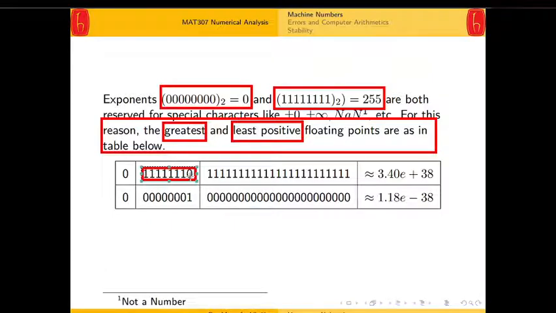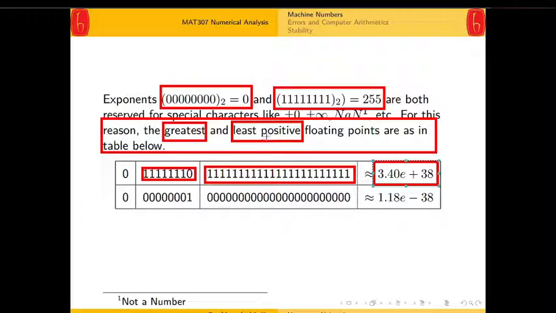So to make it a number, we replace this 1 with 0. Then in the mantissa we can have ones everywhere, so in the decimal system this number looks like this. The greatest positive number in the machine will be 3.4 times 10 to the 38. This is for single precision.